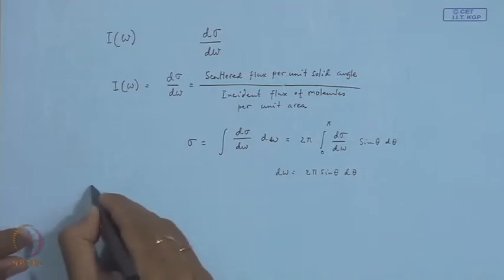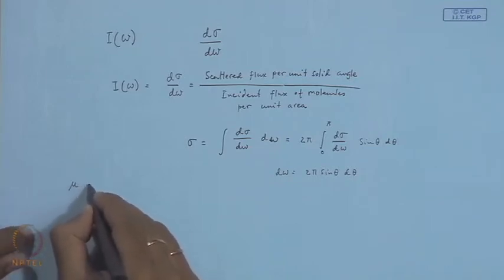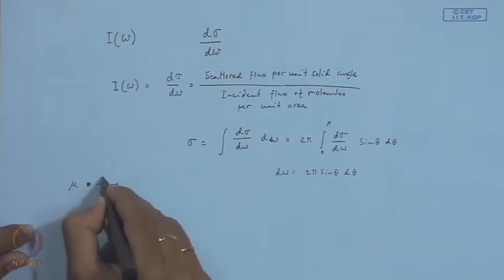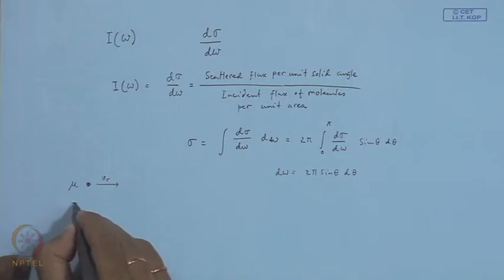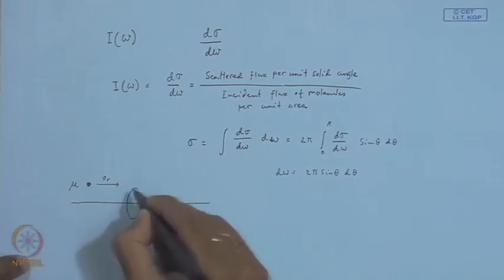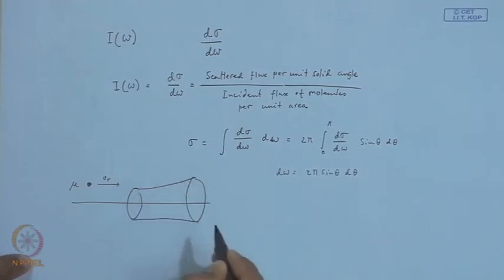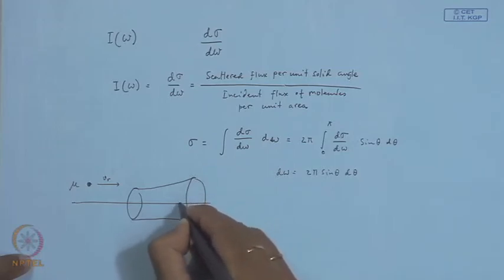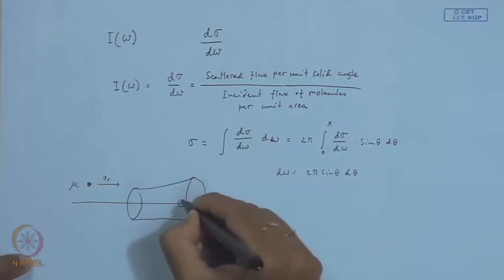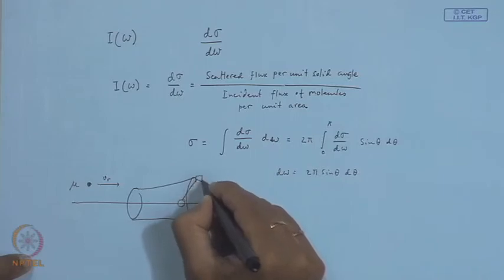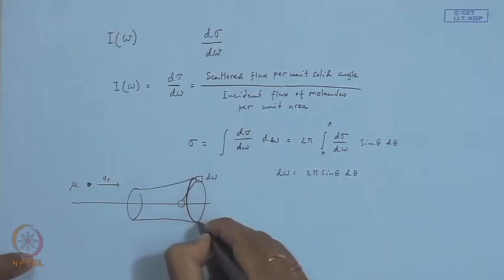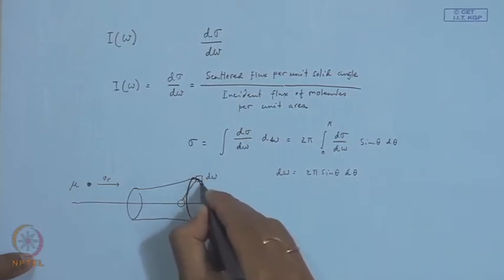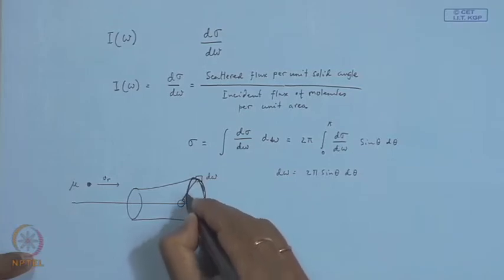This is your mu mass, with relative velocity v_R, and this is your d omega, and this area I am making a strip-like thing.